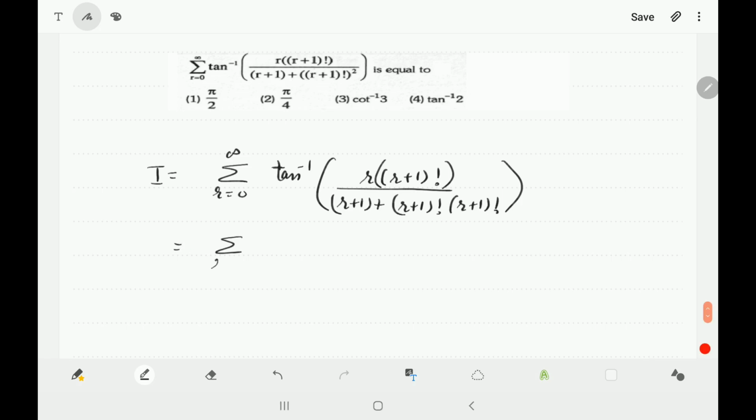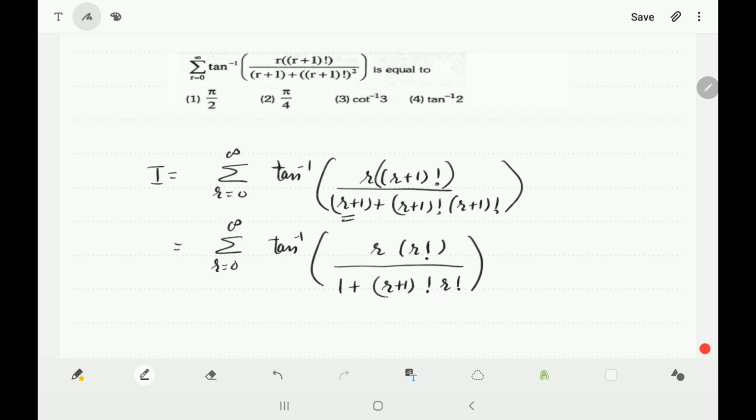Now I am dividing this term by r plus 1, because here I want to achieve 1. So we will have r into r factorial divided by 1 plus r plus 1 factorial into r factorial. I hope you got how I wrote this.